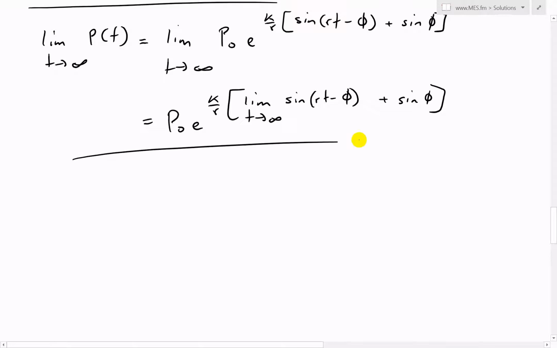So we have the limit as t approaches infinity of sine rt minus phi. As t goes to infinity, this negative phi doesn't do anything because t is infinitely large and phi is not going to change it. So this is approaching sine infinity.